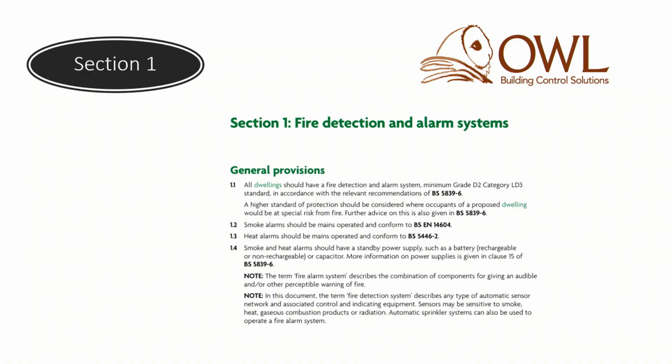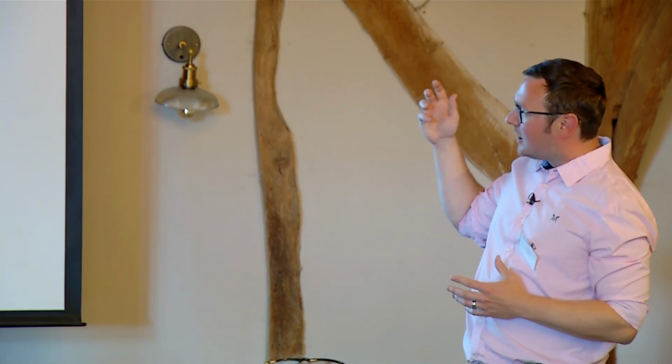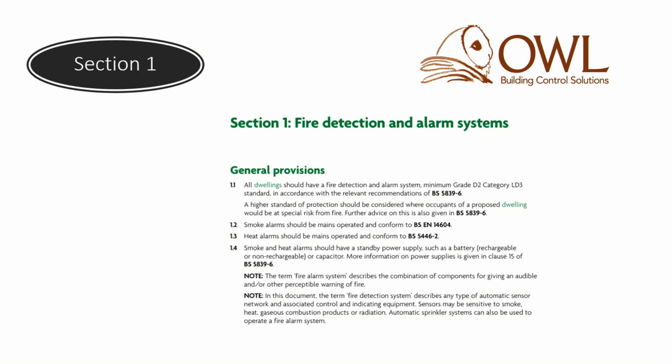ADB is split into a number of sections, and the first section that we're going to have a look at is general provisions. This is where it makes clear that an approved document makes reference to British standards. ADB makes reference to BS 5839-6, which is the British standard for smoke alarm systems in domestic circumstances.